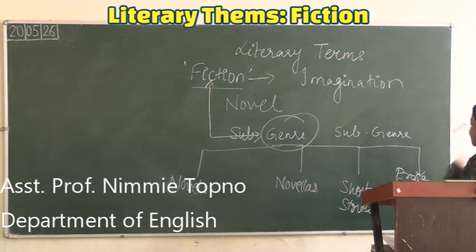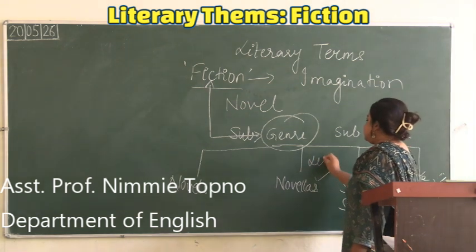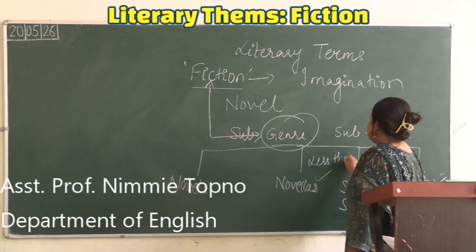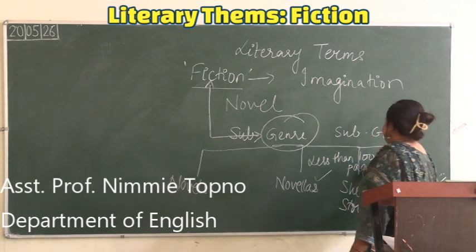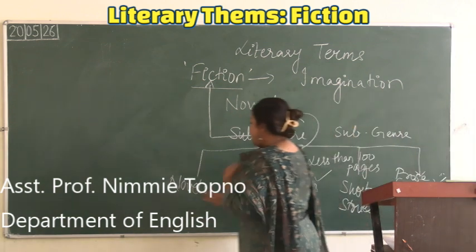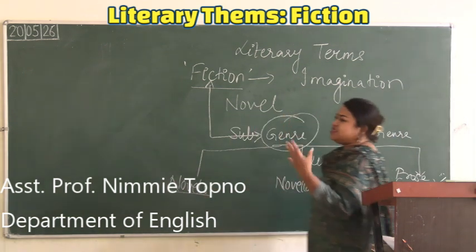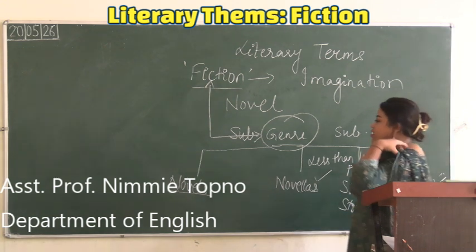You remember this prose satire, Jonathan Swift's Gulliver's Travels? We have short story, you haven't done any. Novellas are anything less than 100 pages. Small mini novels. Then you have novels which has plot, character, theme, so on and so forth.